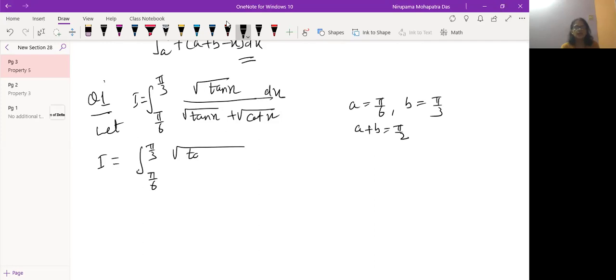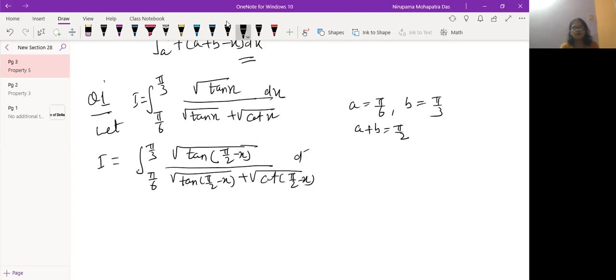So we can write root tan of pi by 2 minus x, divided by root tan of pi by 2 minus x plus root cot of pi by 2 minus x.